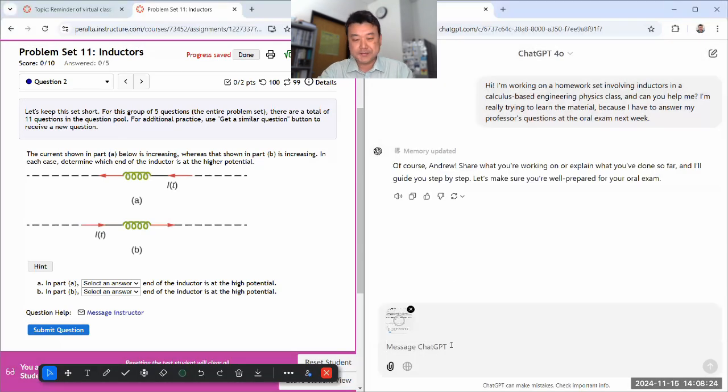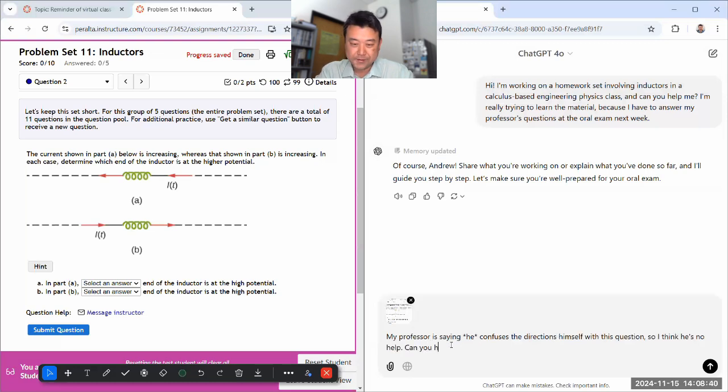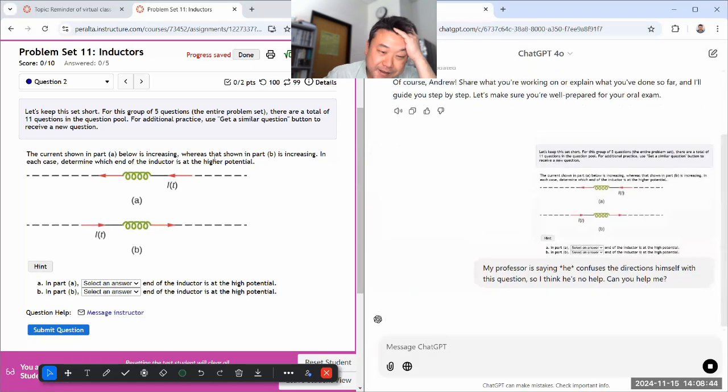I'll paste this in and I'll say, my professor is saying he confuses the directions himself with this question. So I think he is no help. Can you help me? Let's see. Can I get the correct answer this time?